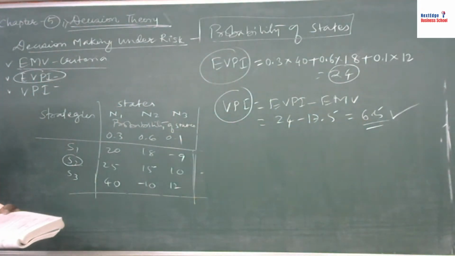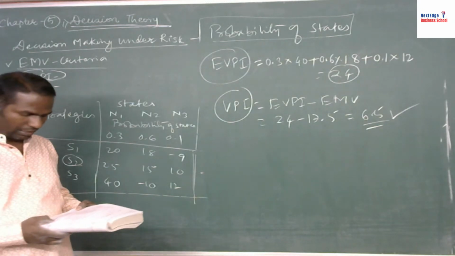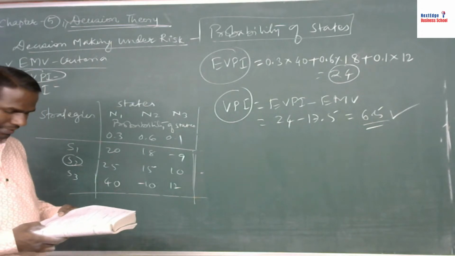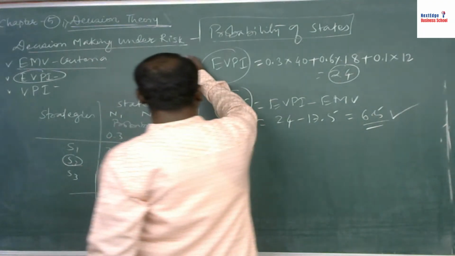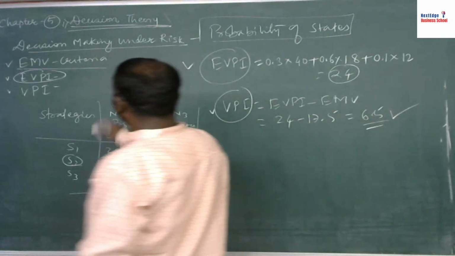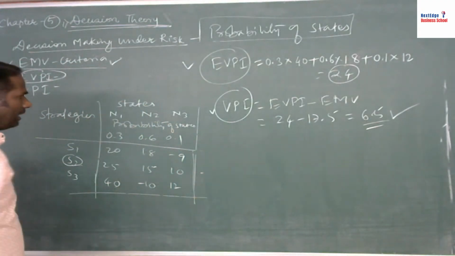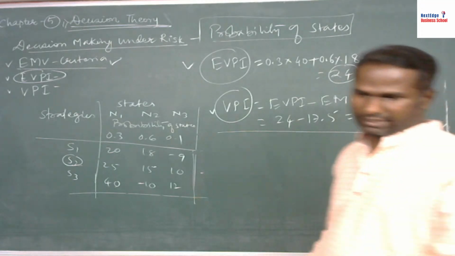So here you can write: VPI helps in determining the maximum amount that should be spent for acquiring the information, like the charges of a consultant, expenditure on market research, etc. This is how we calculate EVPI, VPI and EMV criteria. So I think this is how you all should calculate if the question is asked in the final examination.